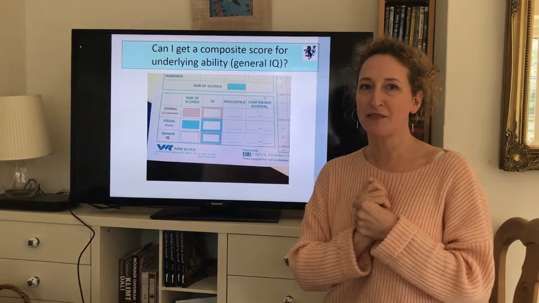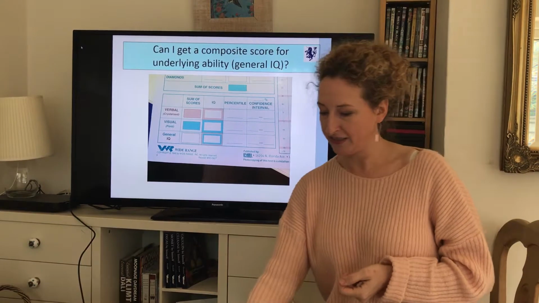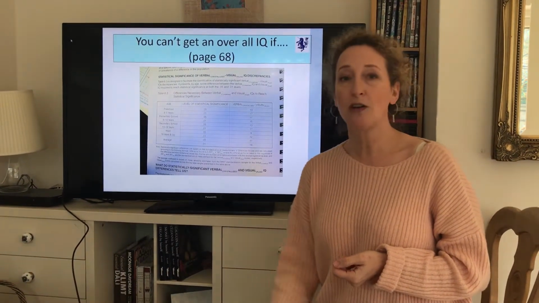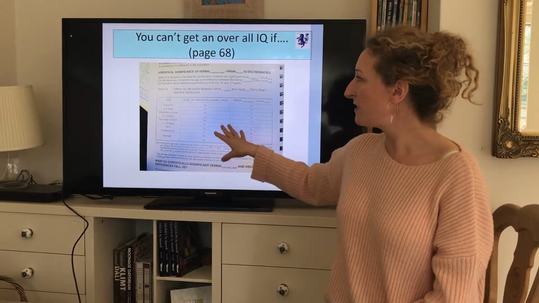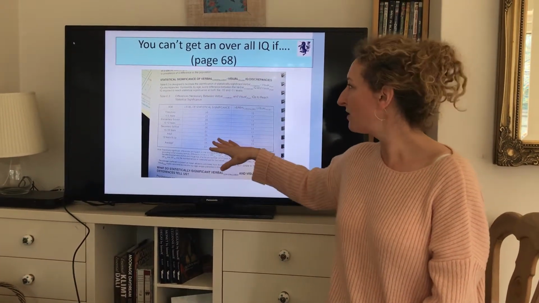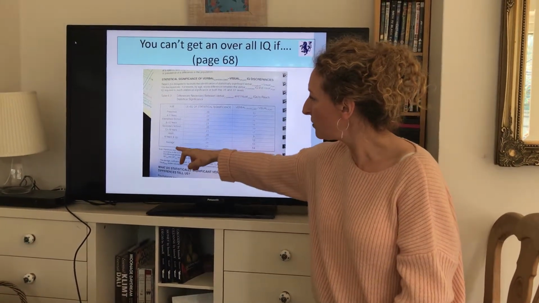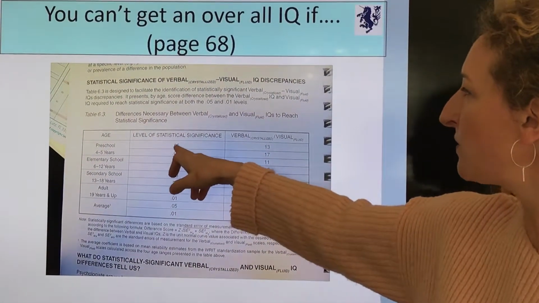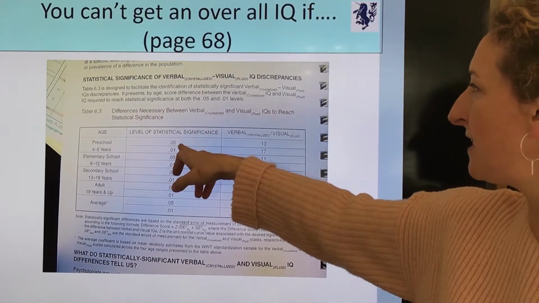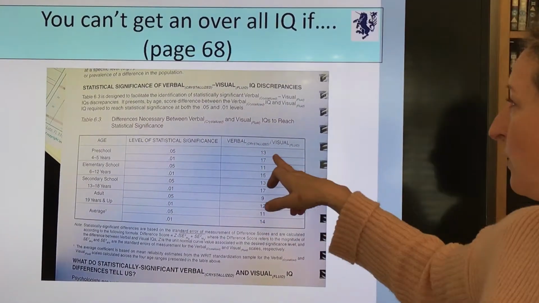So how do you work out whether the difference is too great? If you look on page 68 of the RIT manual, you once again have a chart. So you can look at the age of the child again down the side. We want 0.05 level of statistical significance, and then you can look across.